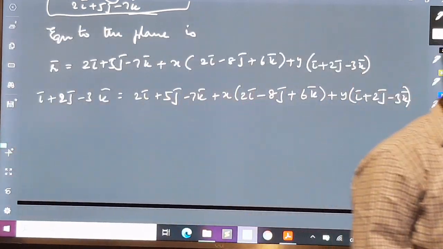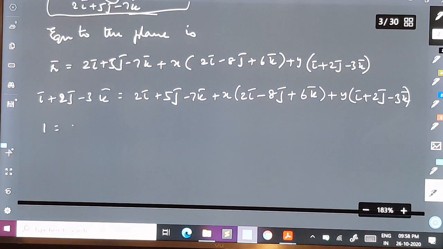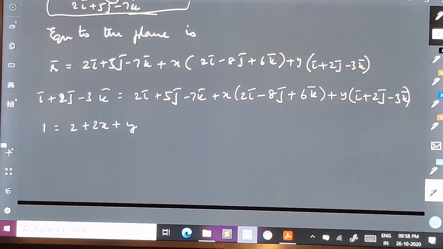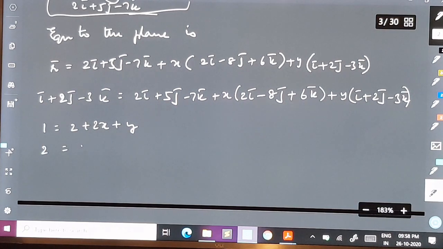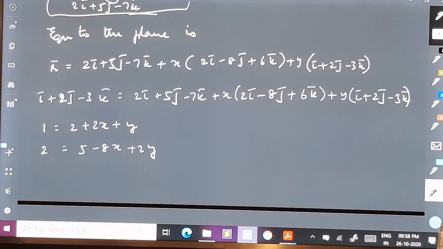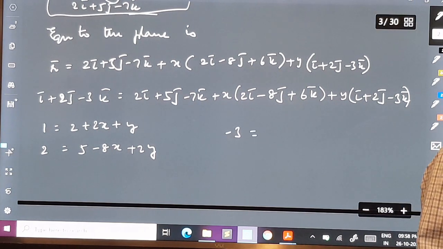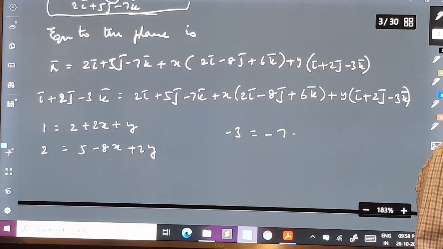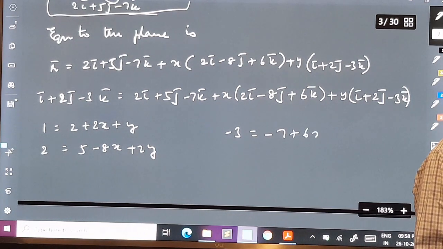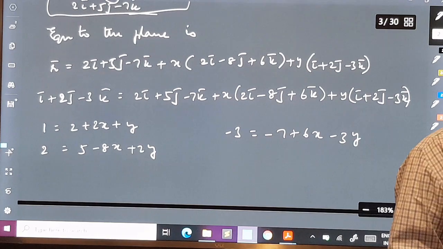So it is nothing but 1 is equal to 2 plus 2x plus y, and similarly the components of j bar on both the sides. 2 is equal to 5 minus 8x plus 2y, and the components of k bar I'll get on the left hand side minus 3 is equal to on the right hand side minus 7 plus 6x minus 3y.